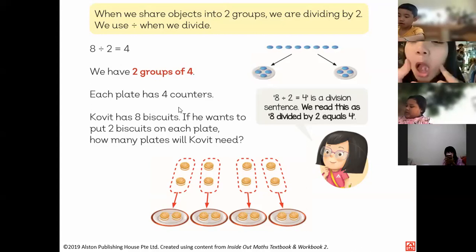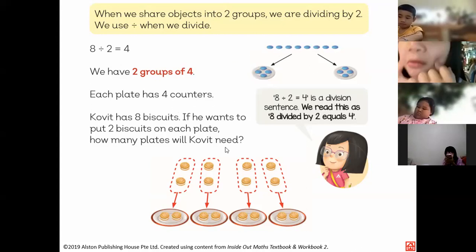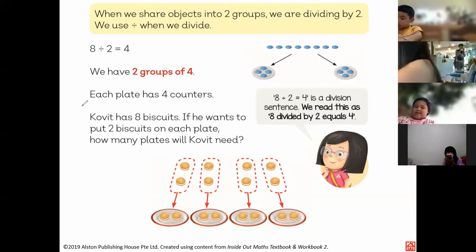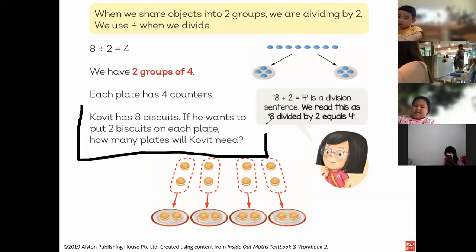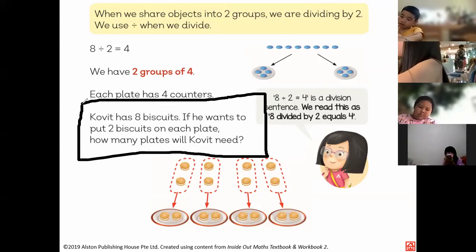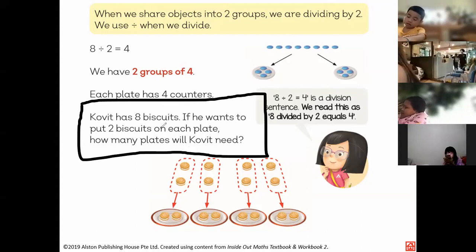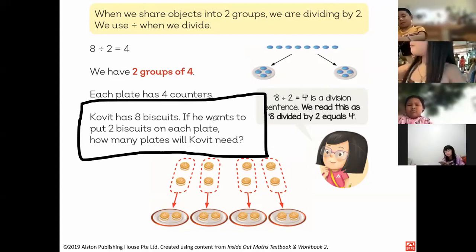Each plate has 4 counters. So this one, right? So here, another example. Otto, can you read this one? COVID has 8 biscuits. If he wants to put 2 biscuits on each plate, how many plates will COVID need?